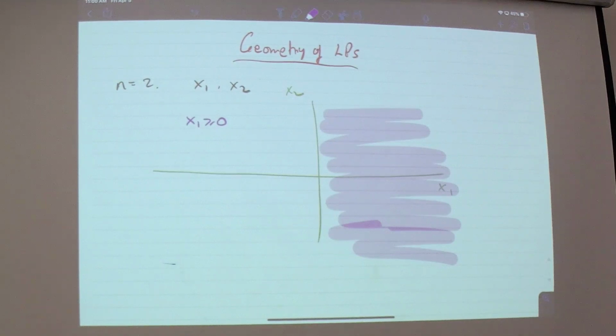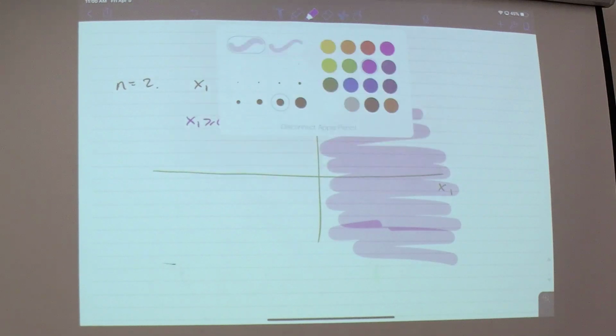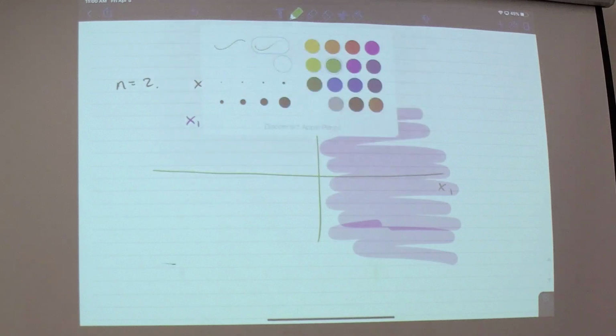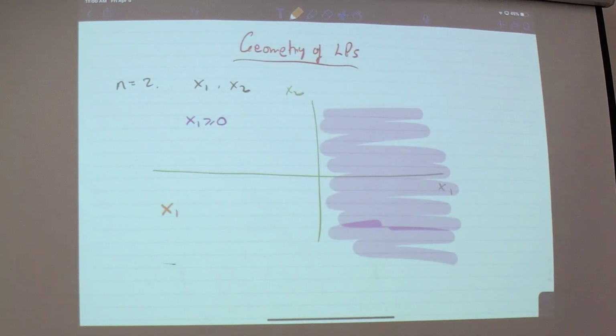Something a little bit more tricky. x1 plus x2 should be greater than 1. Okay. So let's write that down. Okay. Again, this is a valid constraint.